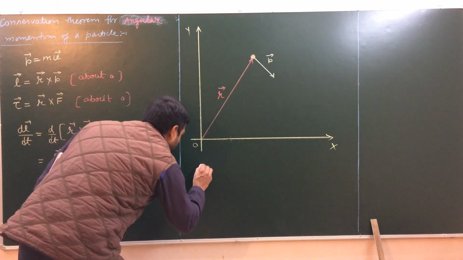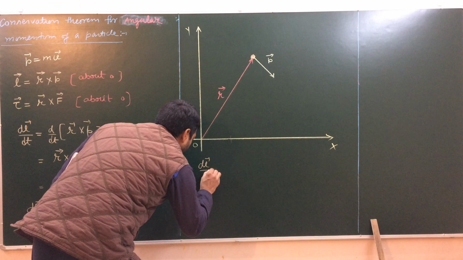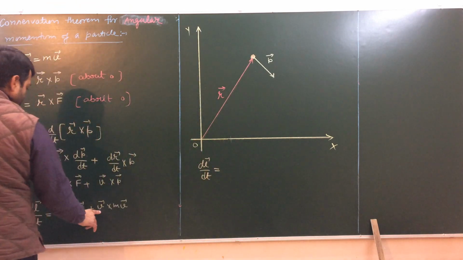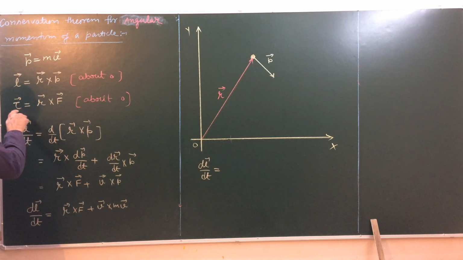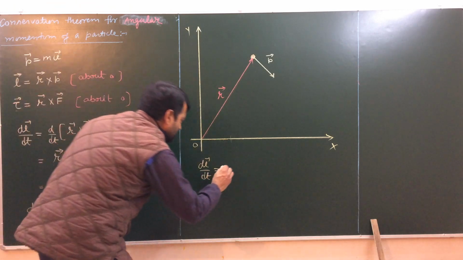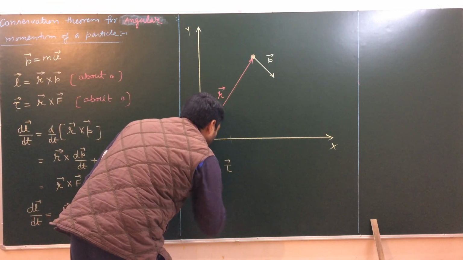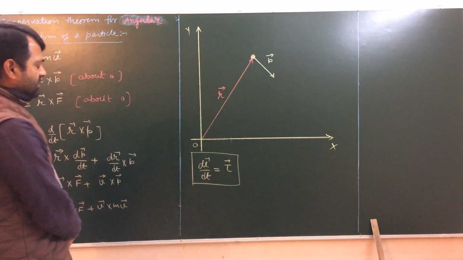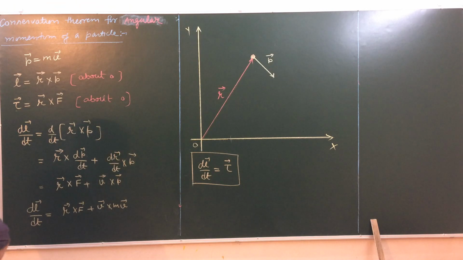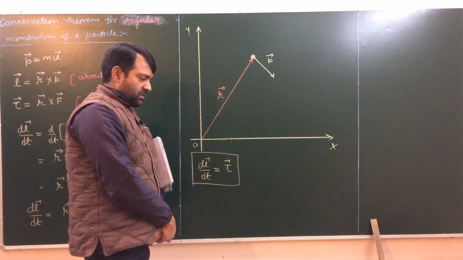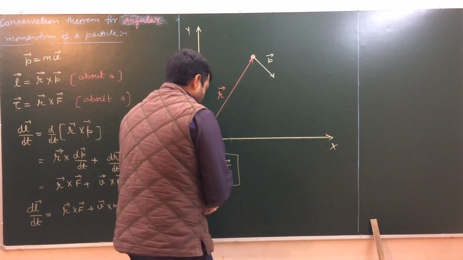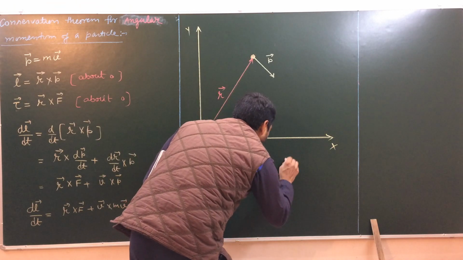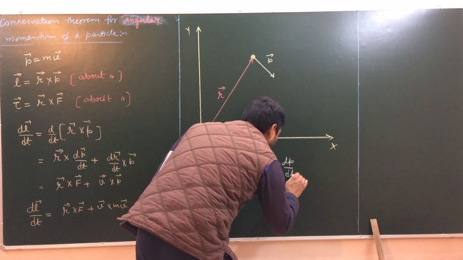Then I'll get dl by dt is r cross f plus 0. r cross f is my torque. Dear students, this we can say is the rotational analog of Newton's second law. Our Newton's second law was F equals dp by dt.